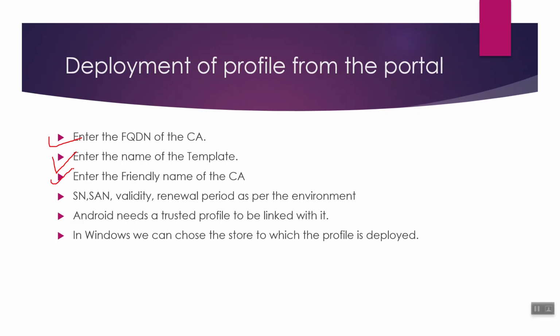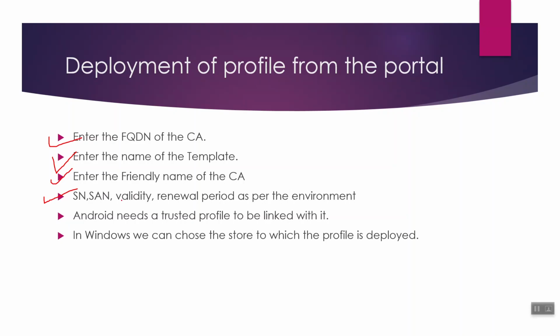When we are making the profile, we also have to mention the subject name and the subject alternative name, as in to whom the certificate is going to be issued. Is it going to be issued to Saurav, or is it going to be issued to saurav@nuggetlabs.onmicrosoft.com, as in just the first name, or just the UPN, or the first name and the email address, or to whom exactly the certificate is going to be issued.